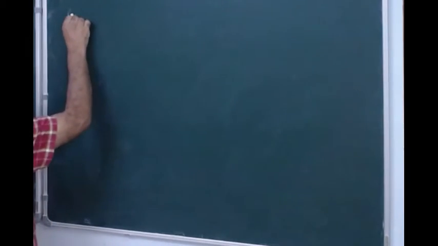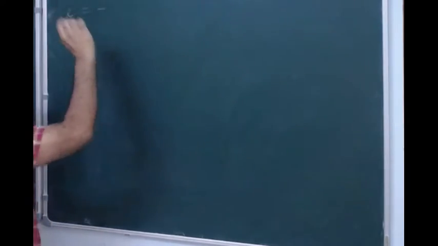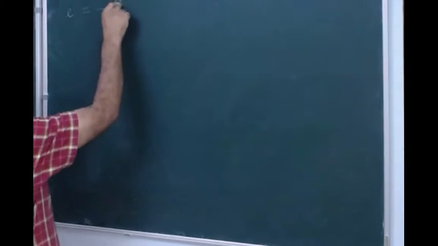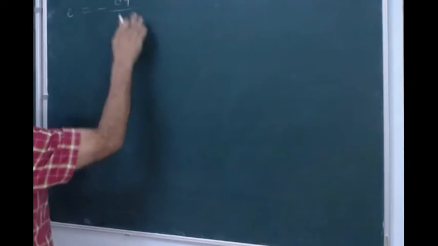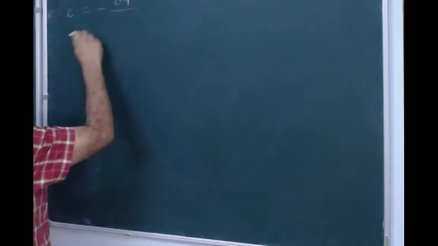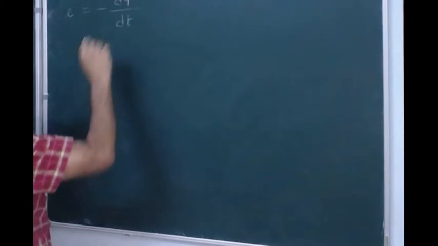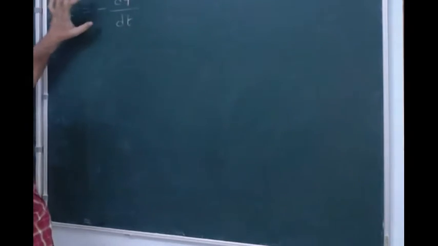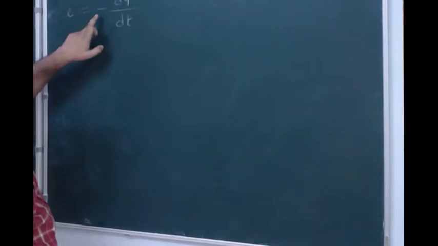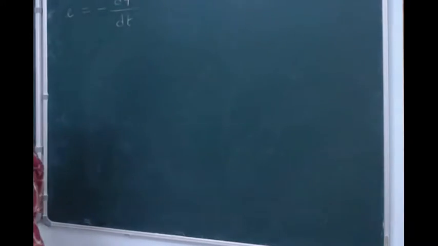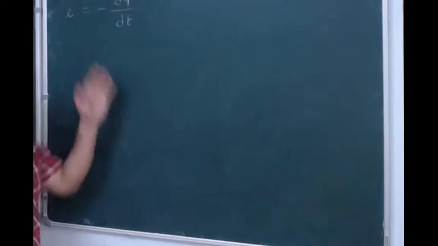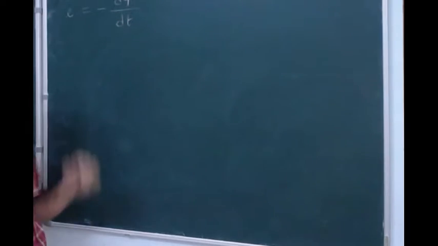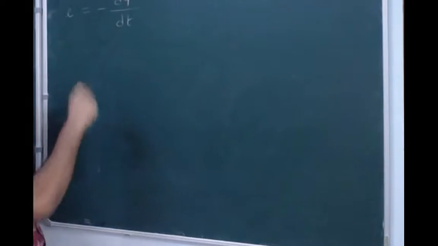The EMF induced in the coil is given as E is equal to minus d phi by dt according to Faraday-Lenz law. That is the rate of change of flux, and this EMF opposes the change of flux, which is why you have the negative sign.